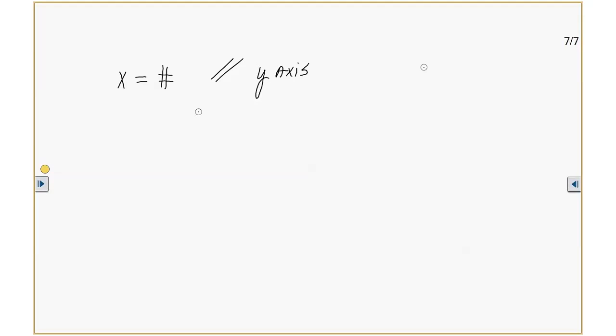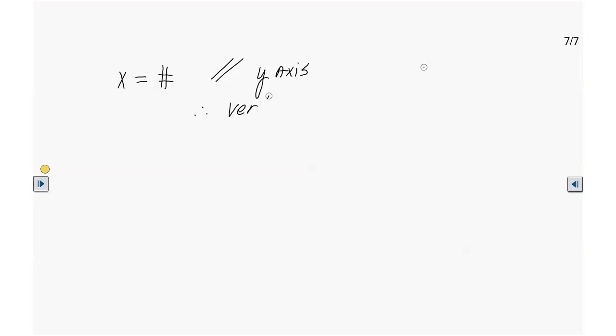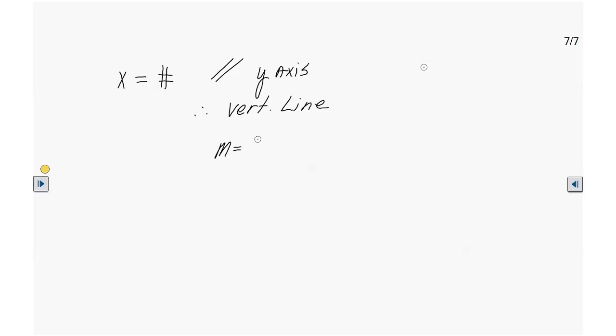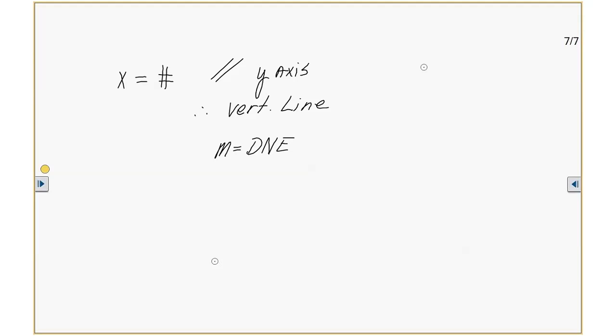Therefore, it's parallel with the y-axis. What kind of a line is it? Starts with a V. Vertical. And if it's a vertical line, the slope does not what? Exist, or is undefined.